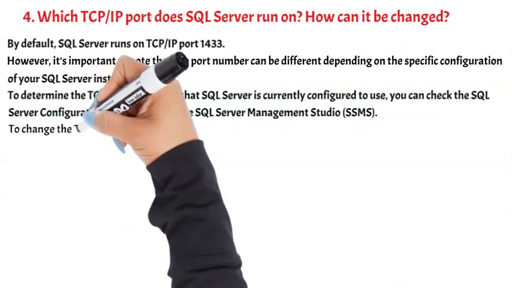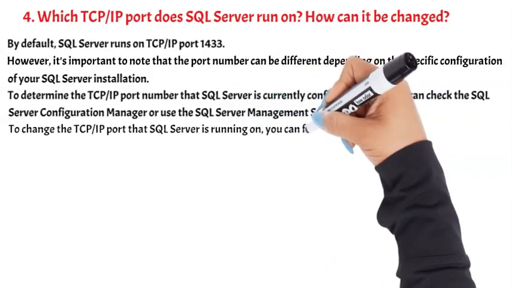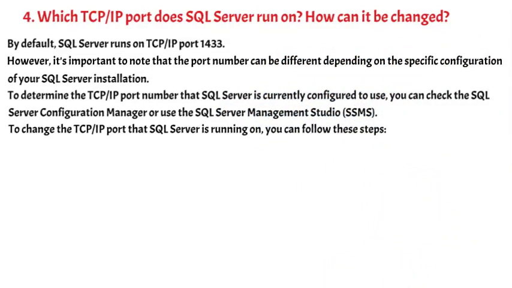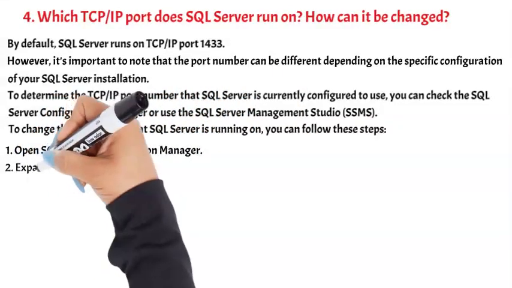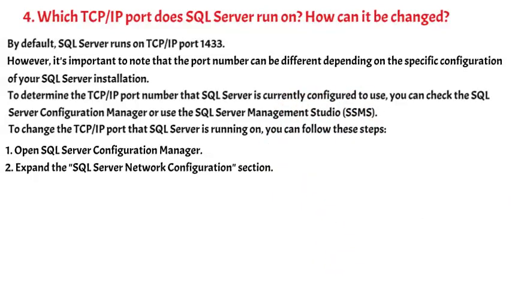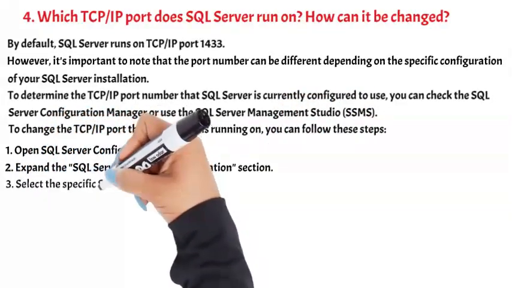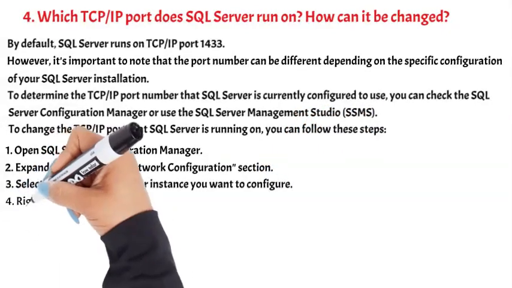To change the TCP/IP port that SQL Server is running on, you can follow these steps. 1. Open SQL Server Configuration Manager. 2. Expand the SQL Server Network Configuration section. 3. Select the specific SQL Server instance you want to configure. 4.